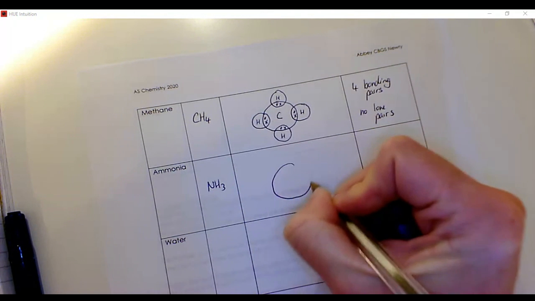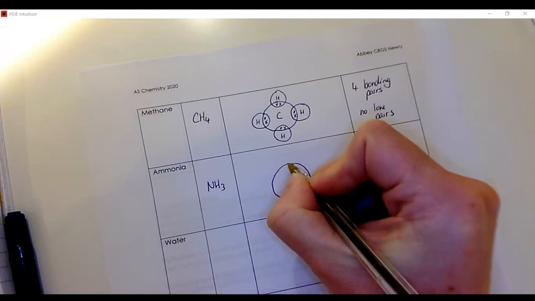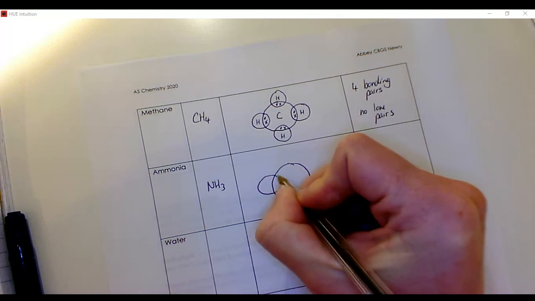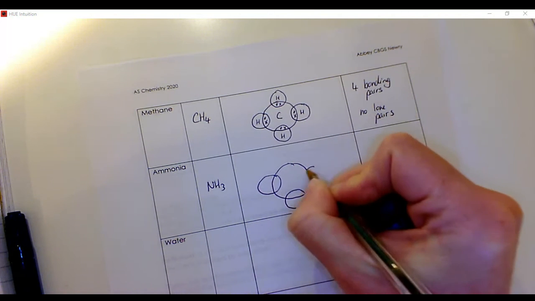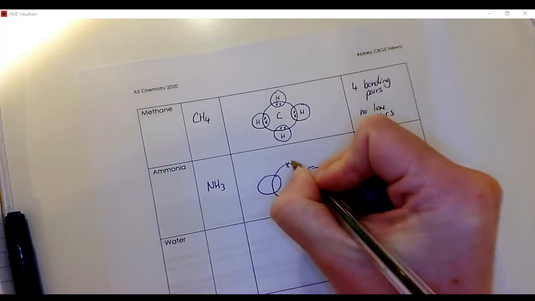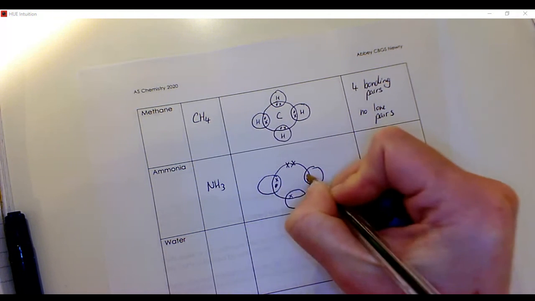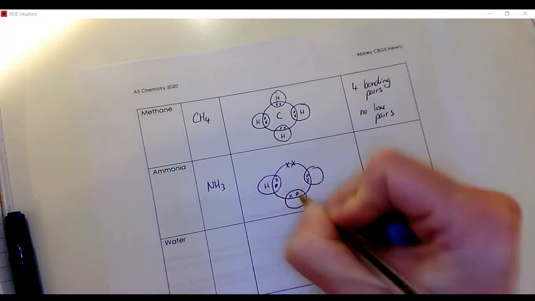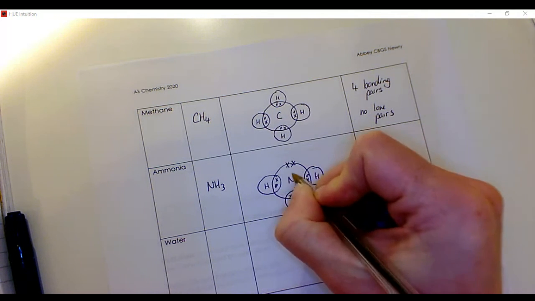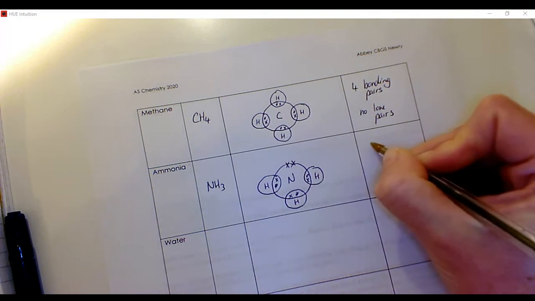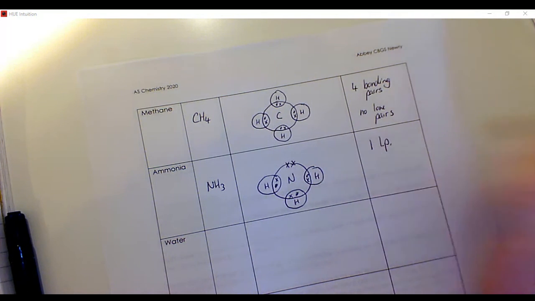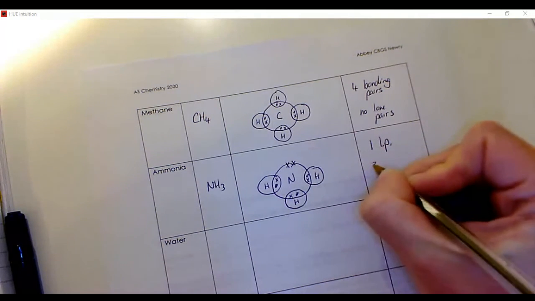Okay, ammonia, NH3. Nitrogen has 5 electrons in its outer shell. So let's give ammonia the X's and hydrogen's electrons are the dots. Okay, ammonia, this time you have 1 lone pair, I'm going to be very lazy and shorten it to that, and 3 bonding pairs.